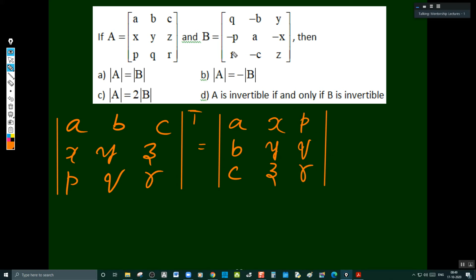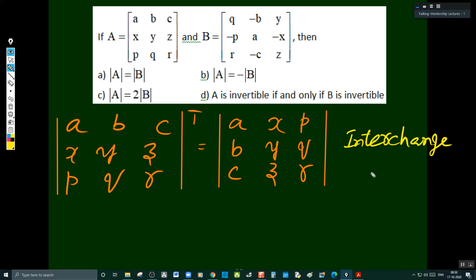Okay. Now P is in the second row and the sign is changed. So interchange... anyone, do you help me out? What is to be interchanged here? These two. Anyone please?